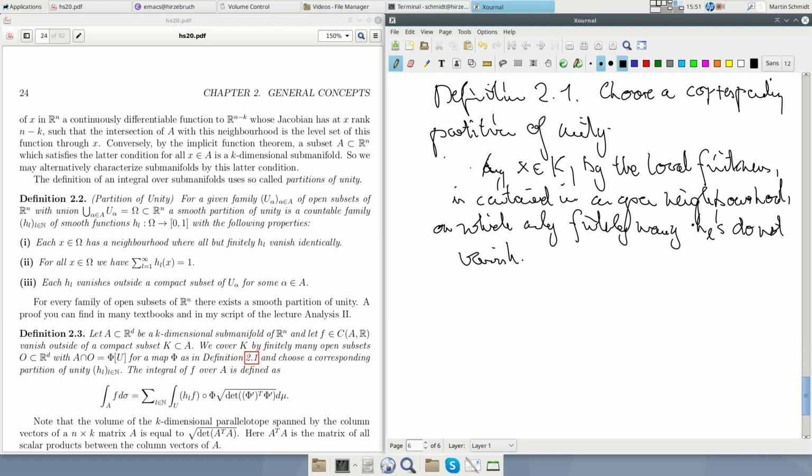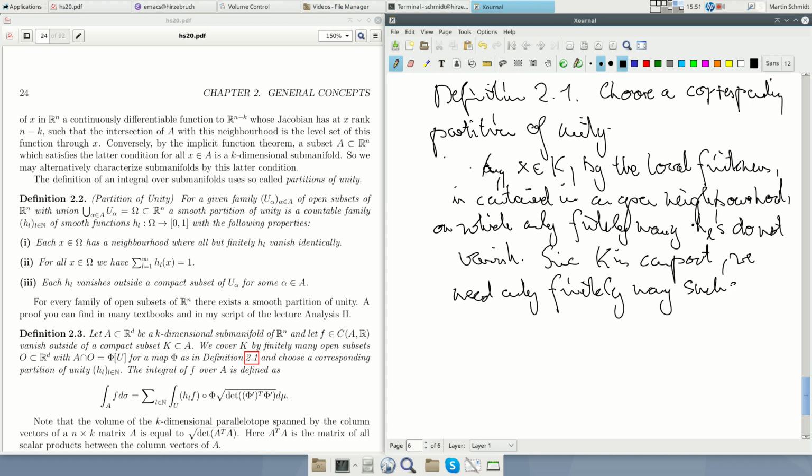So we may cover K by these open neighborhoods, and since K is compact, we need only finitely many such open neighborhoods to cover K.